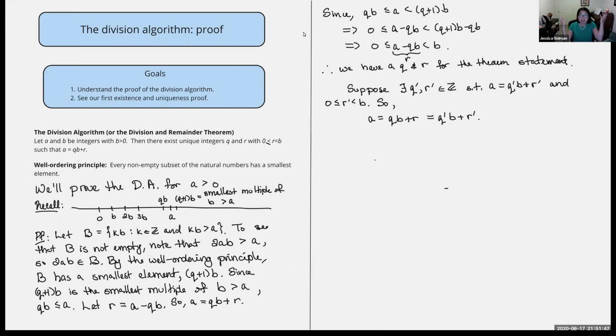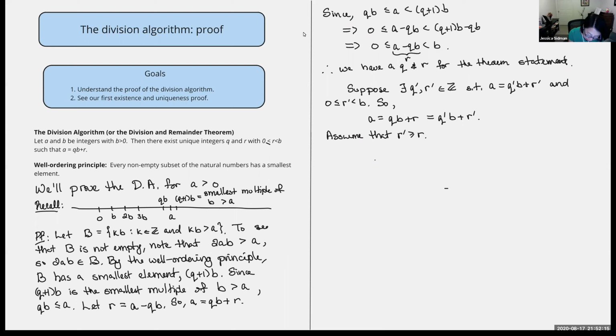So let's just assume, without loss of generality, that R prime is bigger than or equal to R. And that'll just help me to figure out which side to subtract and make it all look a little neater. Okay, so assume that R prime is greater than or equal to R.